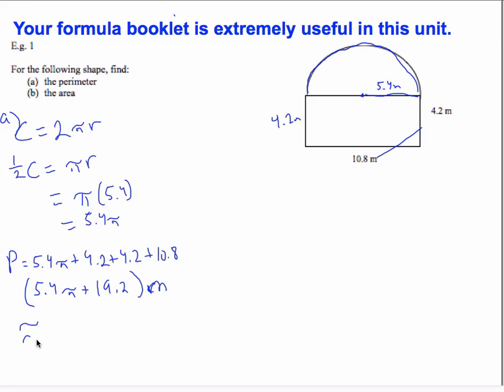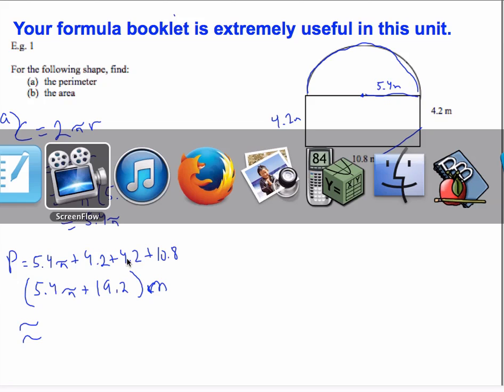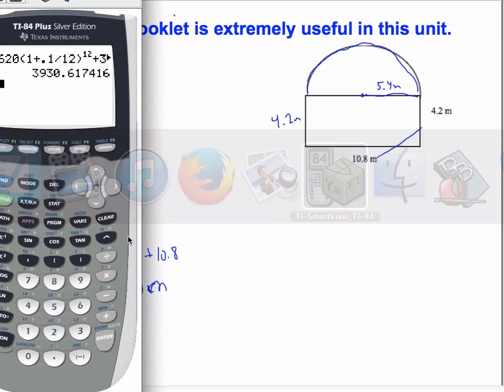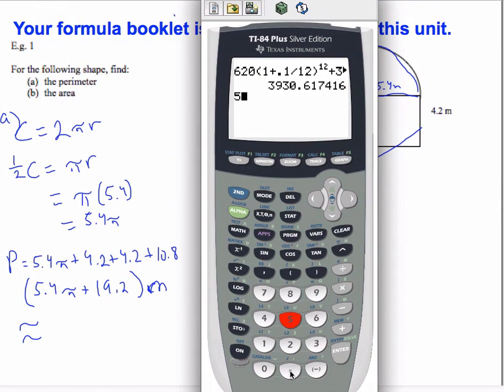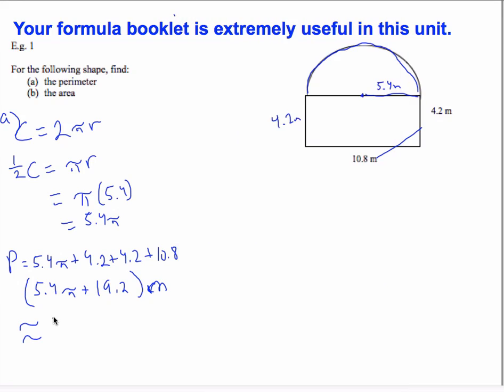If we use our calculator to get the decimal approximation, 5.4 times pi plus 19.2, that gives us 36.2. So it's about 36.2 meters.